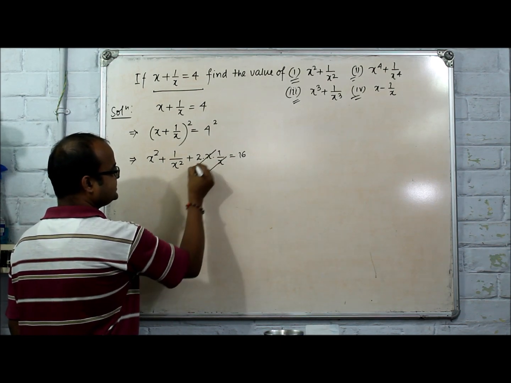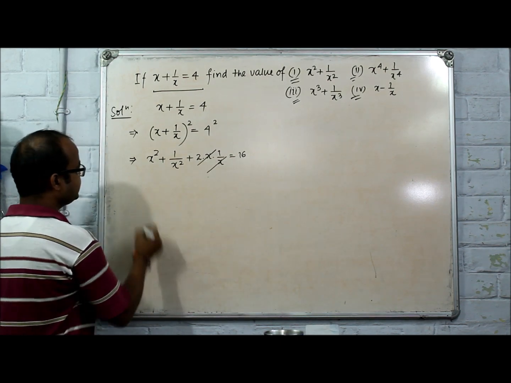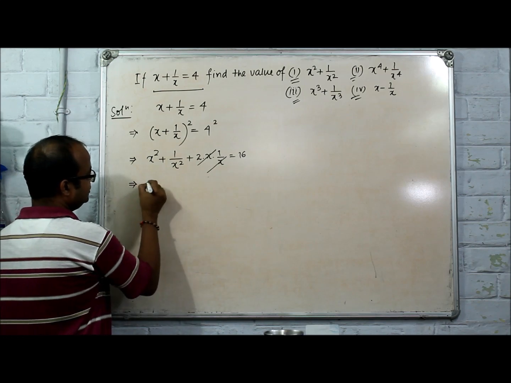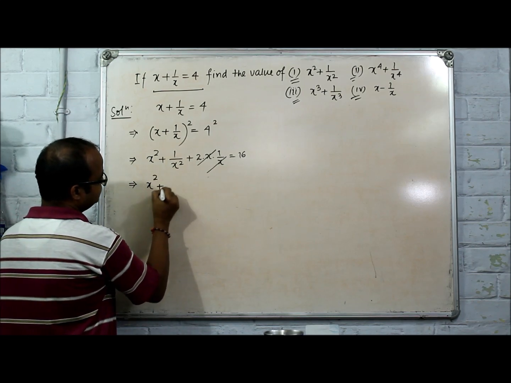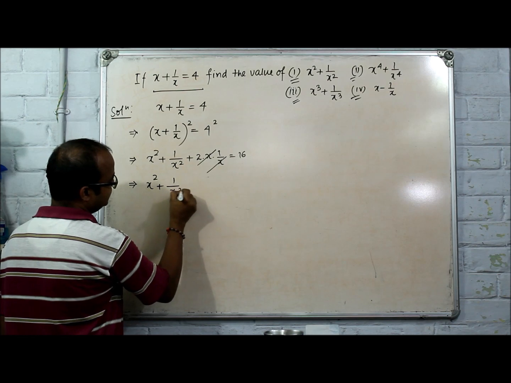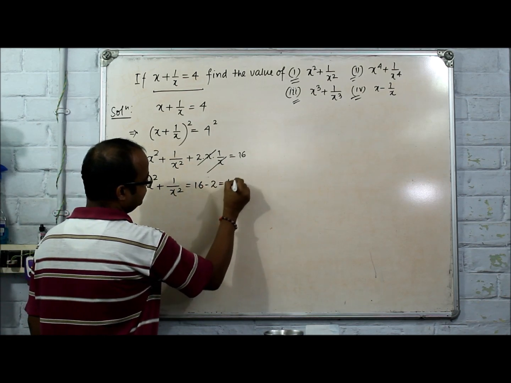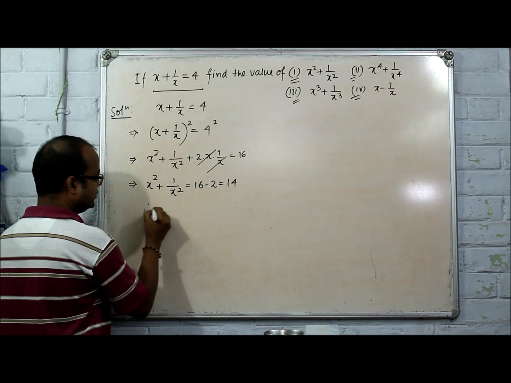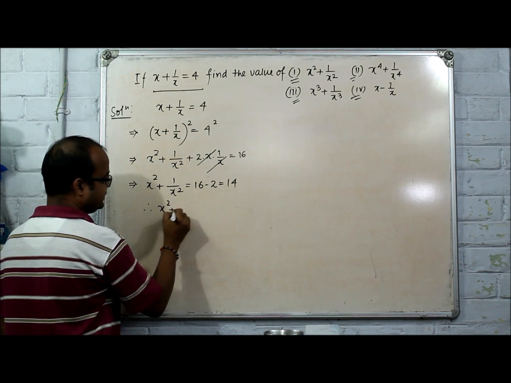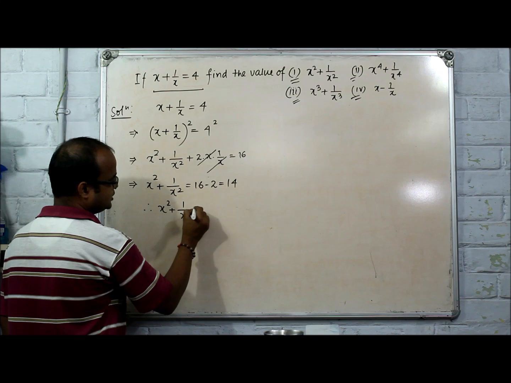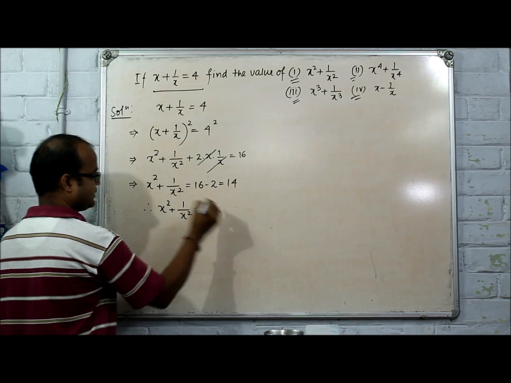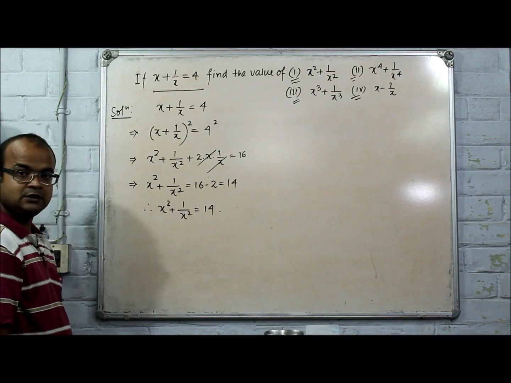Now see, this x and this x will cancel each other. So x square plus 1 by x square is equal to 16 minus 2, that is equal to 14. Therefore x square plus 1 by x square is equal to 14. Clear?